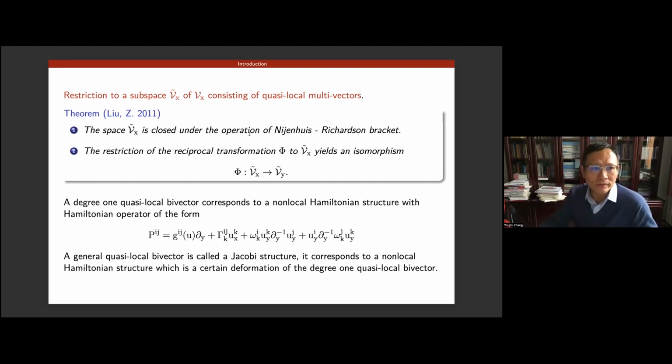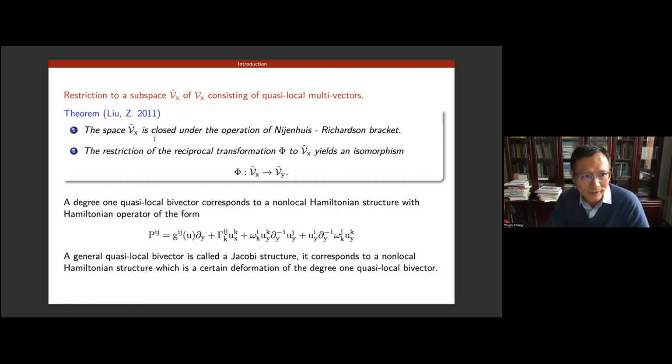So a result of Liu and I in 2011 says that if we restrict to a subspace of this space of multivector fields, then in this subspace, the bivectors correspond to a special kind of Hamiltonian structures we call the Jacobi structures, a certain kind of non-local Hamiltonian structures.